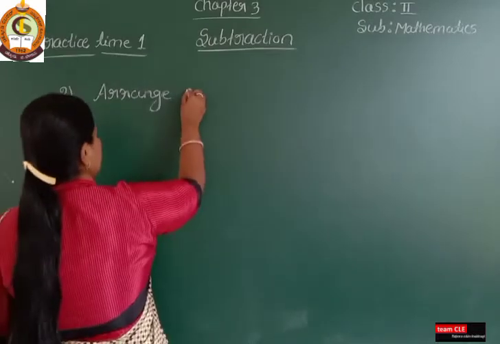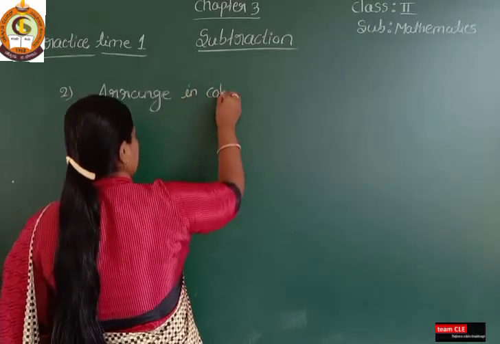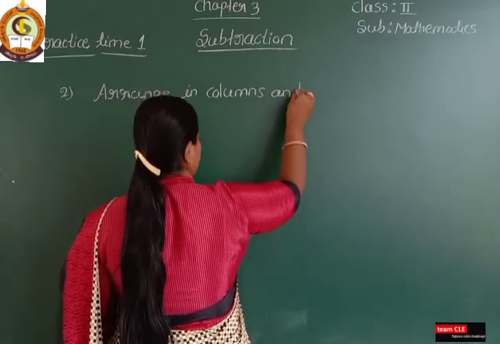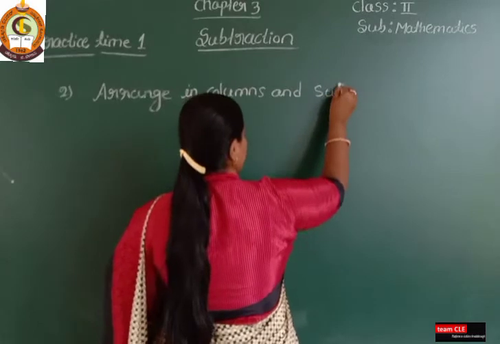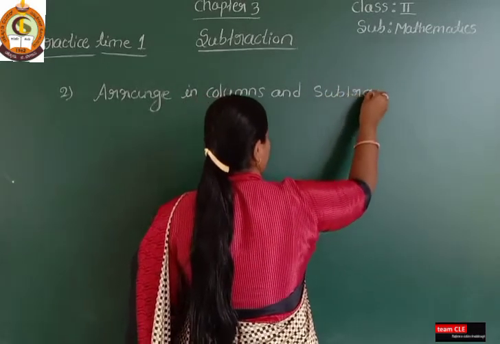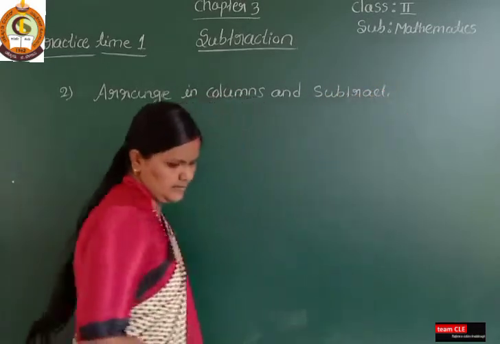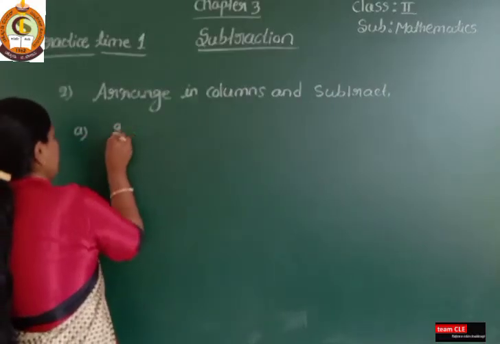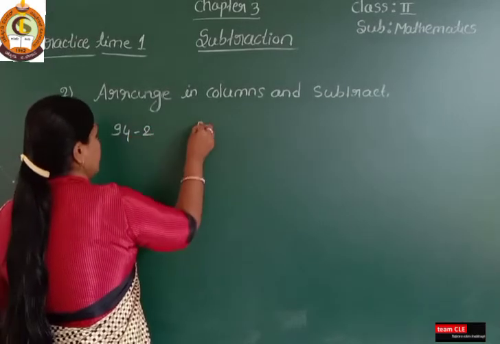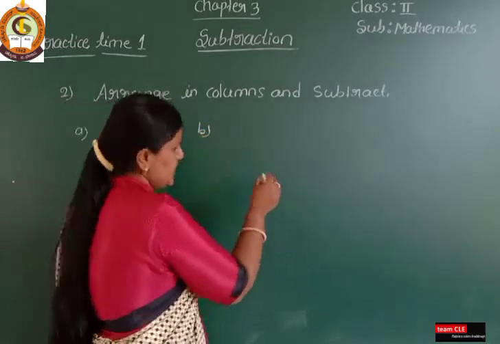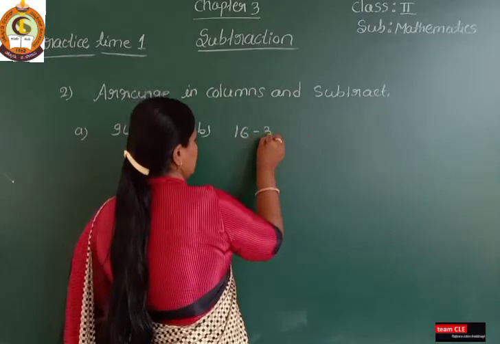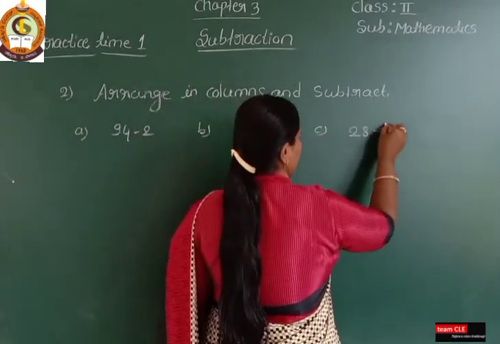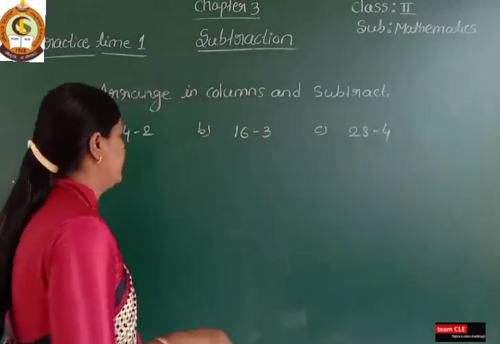First one, 94 minus 2. B1, 16 minus 3. C1, 28 minus 4. First you have to write these numbers in columns.